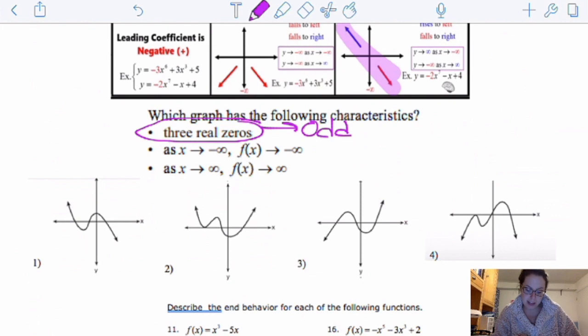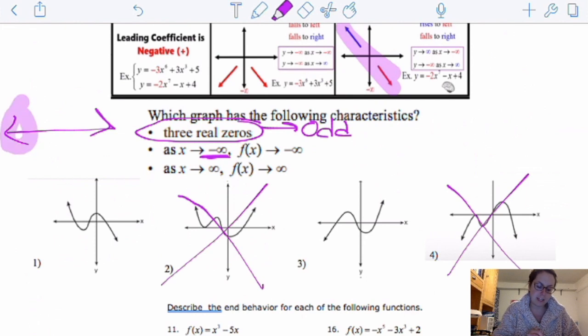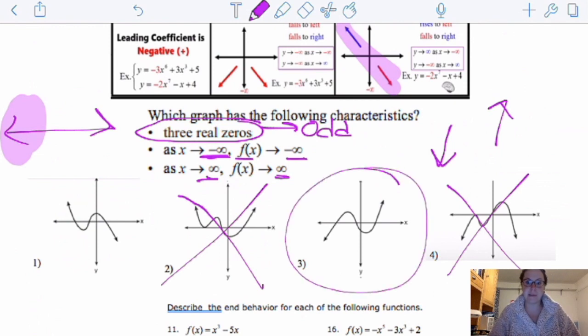So I can cross out this one and I can cross out that one because those end behaviors match. And then this says as x goes to negative infinity, and remember on your x-axis, negative infinity is going to the left, the y value will go down. So what this means is on the left, this should go down. On the right, it should go up. So the only one that does that is choice 3.